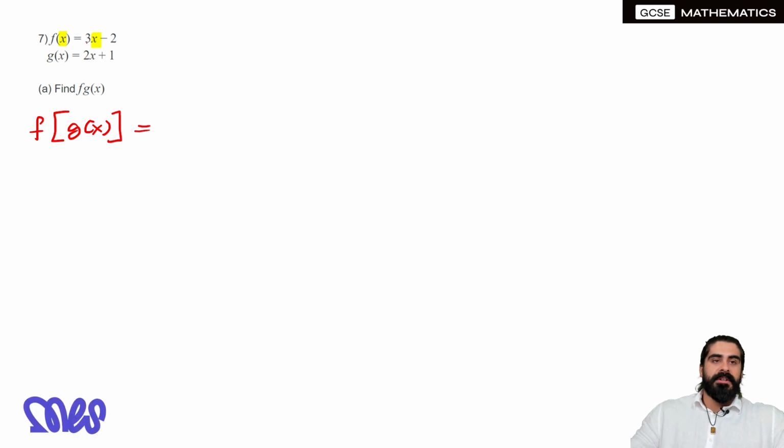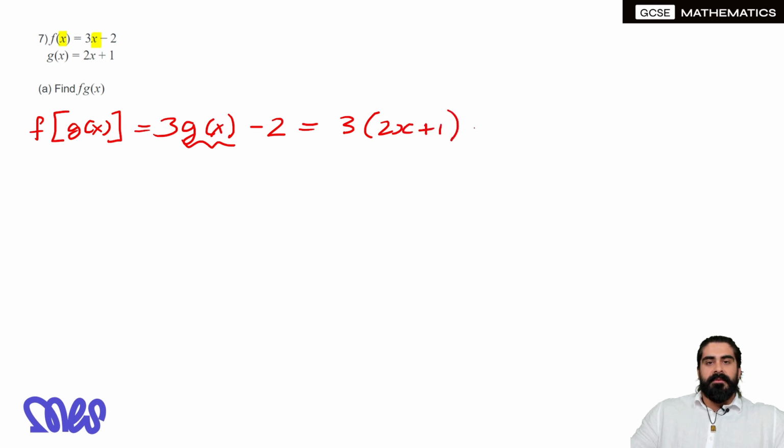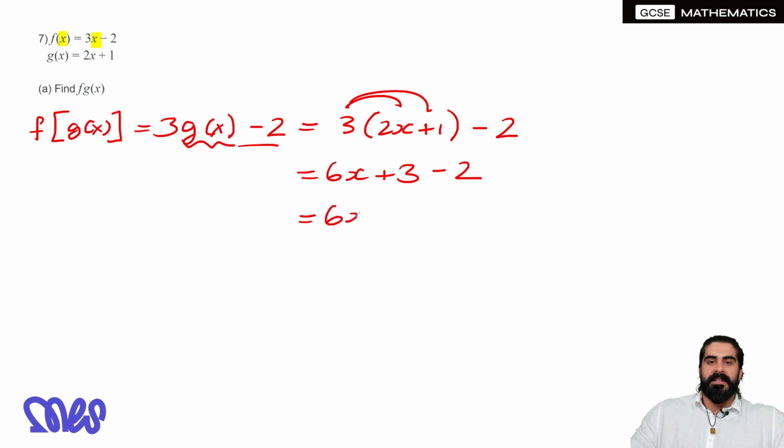So it becomes 3, and then instead of x, remember we're changing it to g(x), minus 2. So we have 3, now g(x) is 2x plus 1, we need to use a bracket, and then we subtract 2. Just carrying over, we have 6x plus 3, then we have the minus 2. So our final answer here is 6x, and then 3 minus 2 is 1.